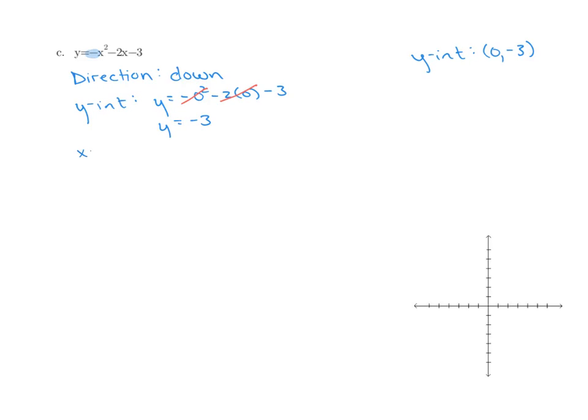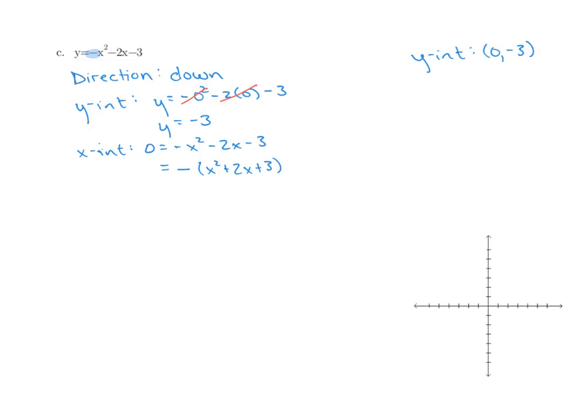All right, for our x-intercepts, we'll plug in 0 for y. We get -x squared, -2x, -3. I'm going to factor out a negative. We're going to change all the signs of the terms, and we get x squared plus 2x plus 3.